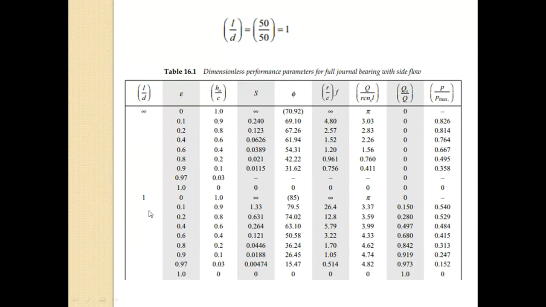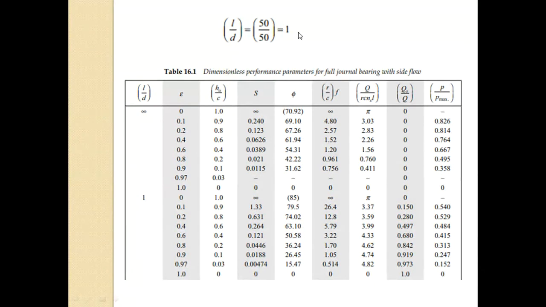When this problem is asked in the university, they will provide this chart. There is no necessity to memorize or remember this chart. In the university question paper this chart is given for you. You have to find out only the L by D ratio.